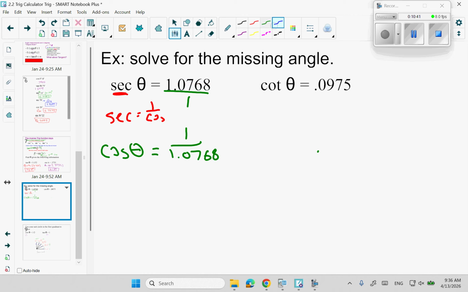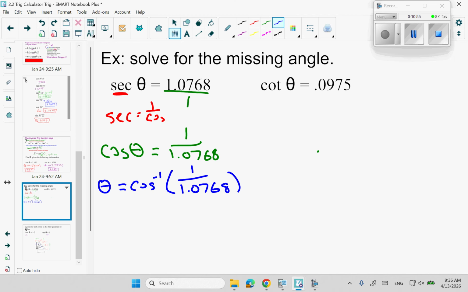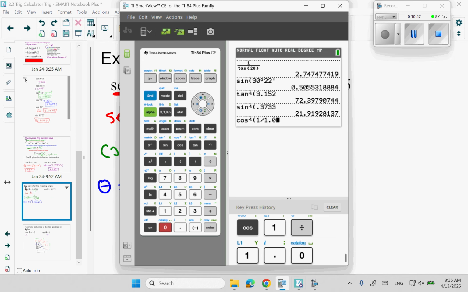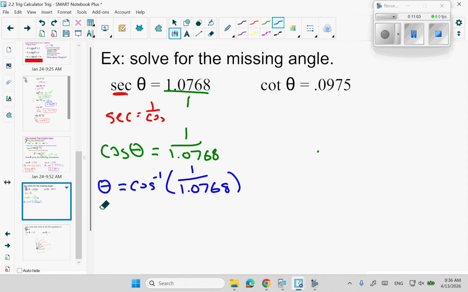So when I go to cosine inverse, I type that. So I get 21.8 degrees.